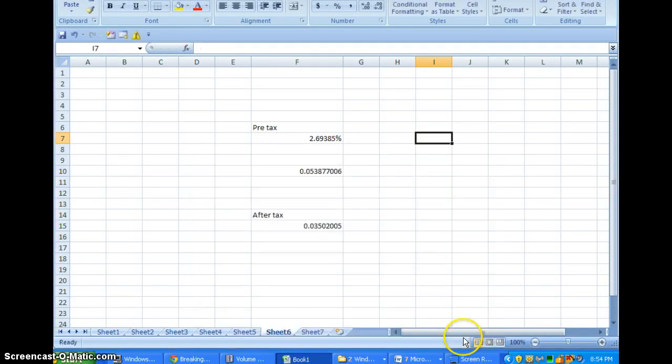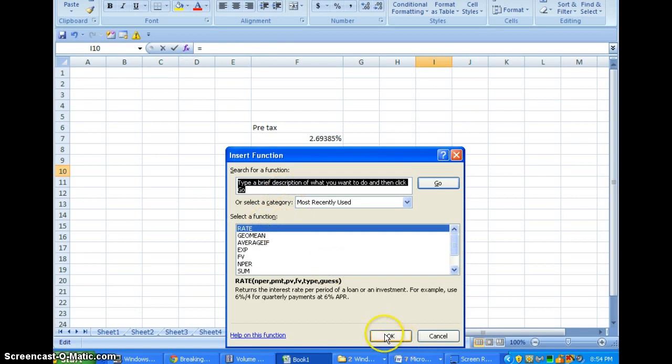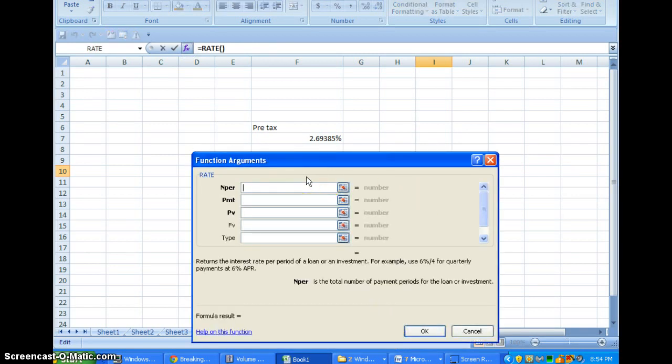Just to show you something, these are the numbers we're going to put in. This is the present value, which is going in as a negative 1070. Number of periods, 36, and the reason why is because it's semi-annual. 18 years to maturity, semi-annually, that means twice a year.